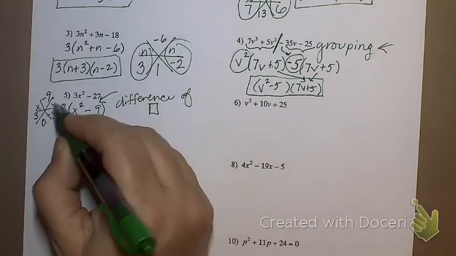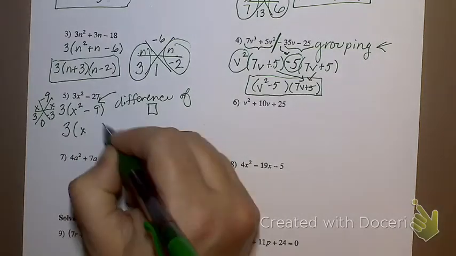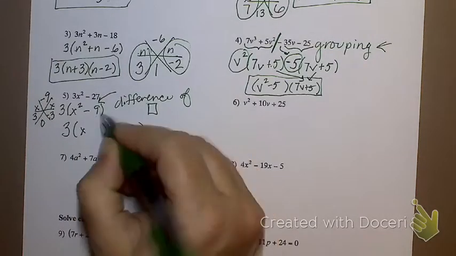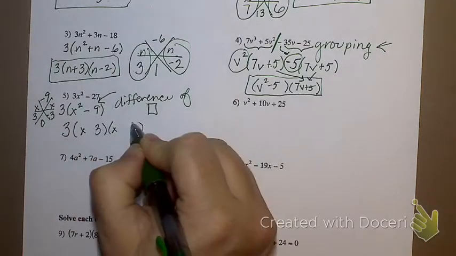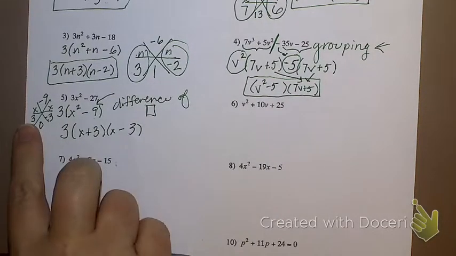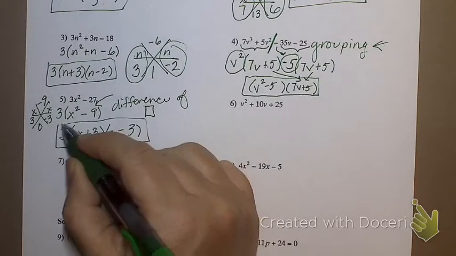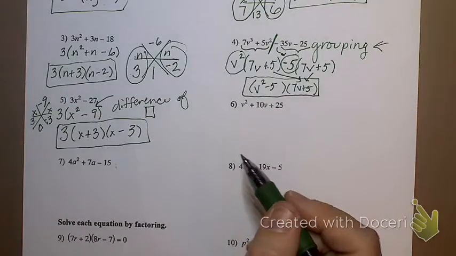So again, the shortcut is you would take the square root of x, put that at the front, take the square root of 9, which is 3, make one a plus and one a minus, and that does match up with what I get from my snowflake. So you can do it either way. Shortcut for difference of squares or snowflake.